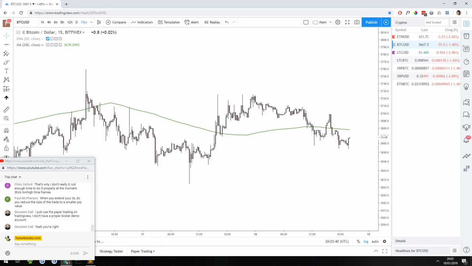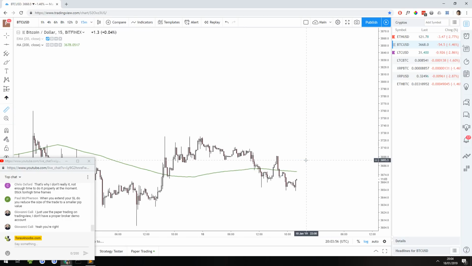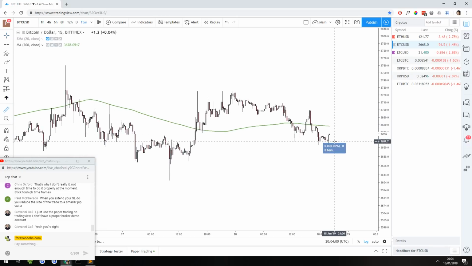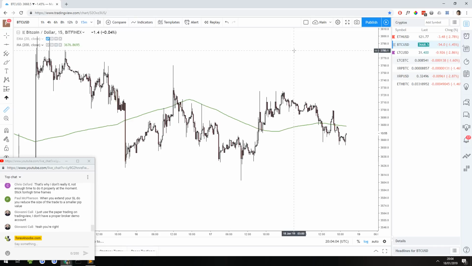It's still hard to get decent spreads on BTC USD, unfortunately. Yeah, so you need a pretty big move to cover a 40 pip spread. Yeah, it's not really viable.